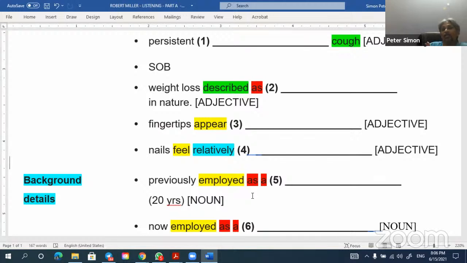Feels great, feels relatively great, feels excellent, feels proud, feels very proud. Very also is an adverb. Ly words, very, and certain other words, quite, quite clever. So these words are adverbs. Okay, fine.